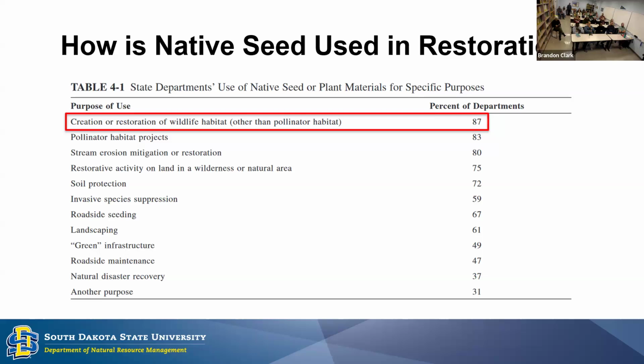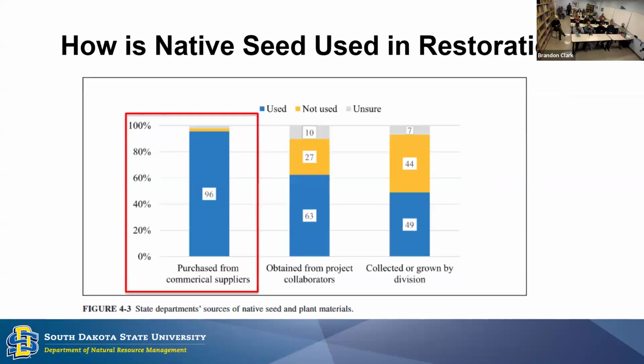And then further down on some of those percentages, there are other types of restoration and landscaping, but mainly wildlife habitat. And when asked where they get those seeds from, the majority of them, 96%, are using commercially bought seed from seed providers, nurseries, things of that matter.